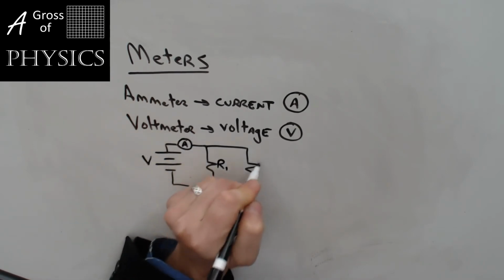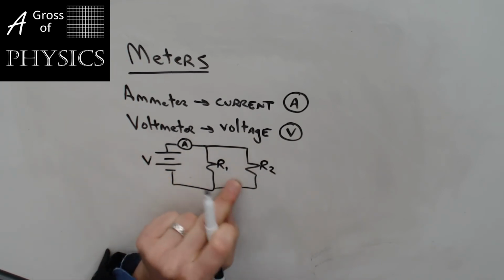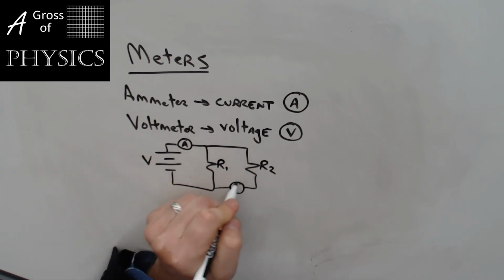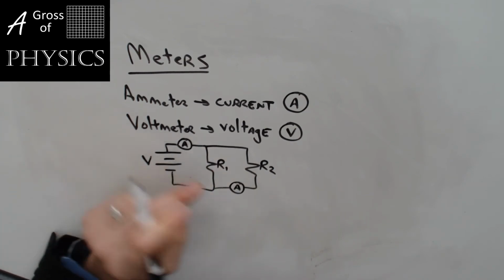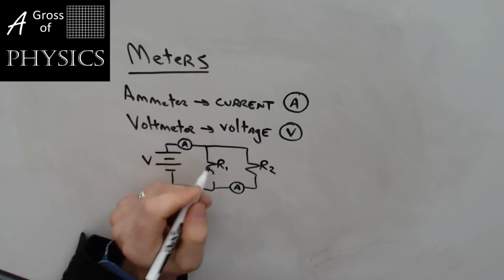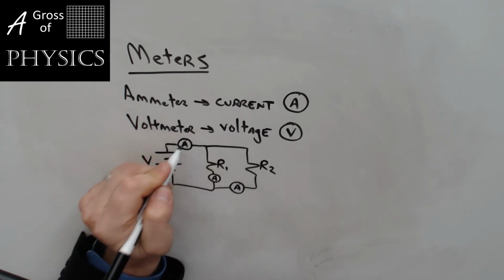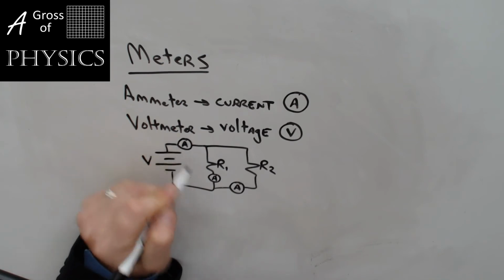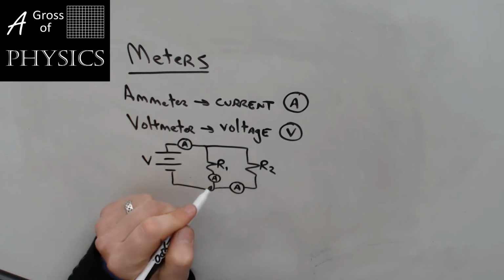And we'll say R1, R2. If I want to know the current flowing through resistor 2, it has to be in line with resistor 2. Finally, if I want to find R1, I'm going to put it right here. So this one would figure out the total current, this one would figure out the current in R1, and this one would figure out the current in R2.